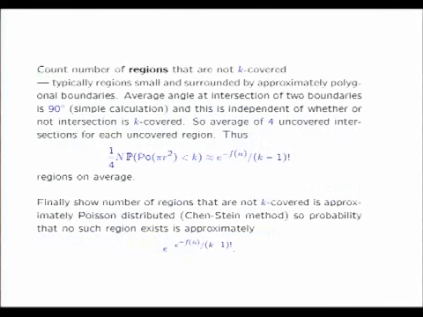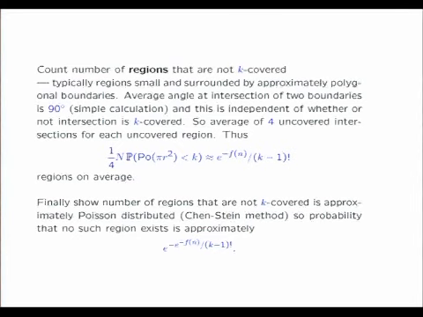But there's a way of counting the inadequately covered regions, so regions that are not k-covered. It's not too hard to show that in the regime we're talking about, each disk has area about log n, so each point is typically covered about log n times. Most of the region is log n covered, an immense number of times.